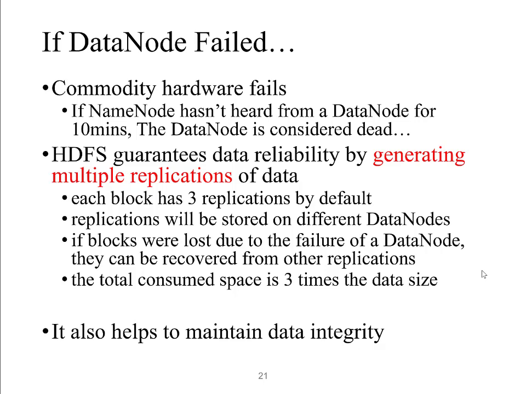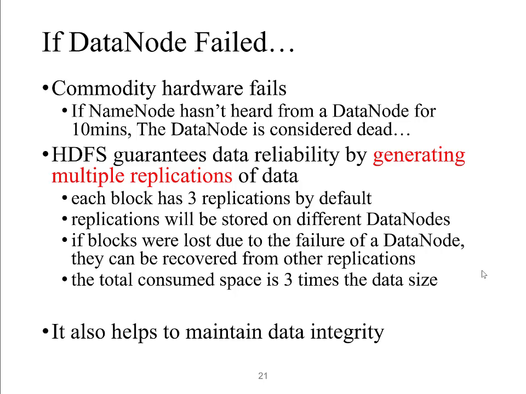So basically, if the name node hasn't heard from a data node for 10 minutes, which is the default value, the data node is considered dead. So remember, the data node sends a heartbeat to the name node every 3 seconds. So 10 minutes is a relatively large time interval compared to 3 seconds.